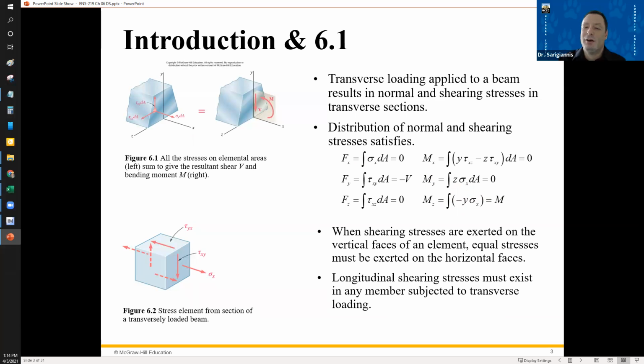Another point of this: if you exert shear stresses on a vertical face of an element, you have to have a stress exerted on the horizontal face. Because if you're shearing downward, you've got another shear on the horizontal face to keep things in balance.